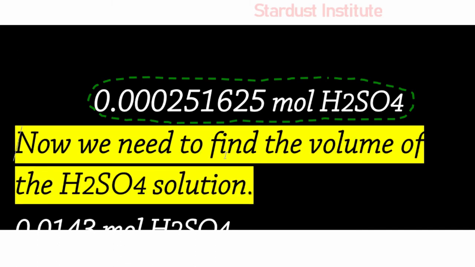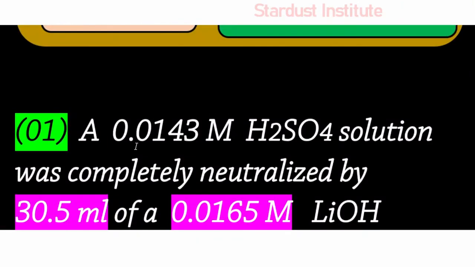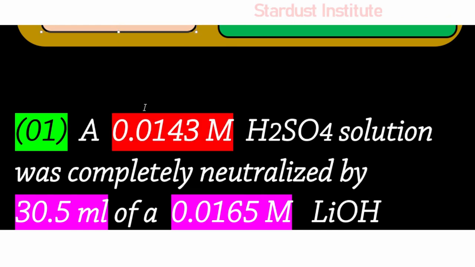Now we need to find the volume of the H2SO4 solution. We know molarity of this H2SO4 solution, 0.0143 M. That means in 1 liter, 1000 milliliters of this sulfuric acid solution, there are 0.0143 moles of sulfuric acid.